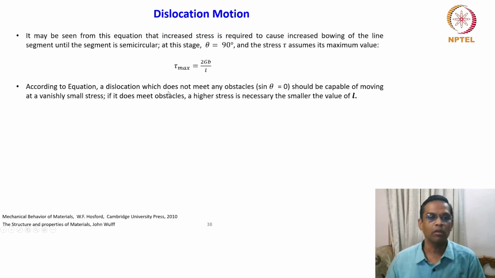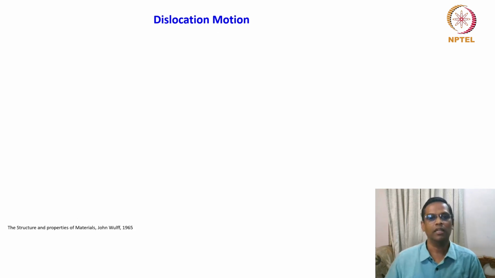According to this equation, a dislocation which does not meet any obstacle, sin theta equal to 0, should be capable of moving at a vanishingly small stress. If it does meet obstacles, a higher stress is necessary, the smaller the value of L. So this is also a very important statement. It clearly explains how the obstacle size and the distance between them influence the stress required for the dislocation to bow or get past the obstacle.